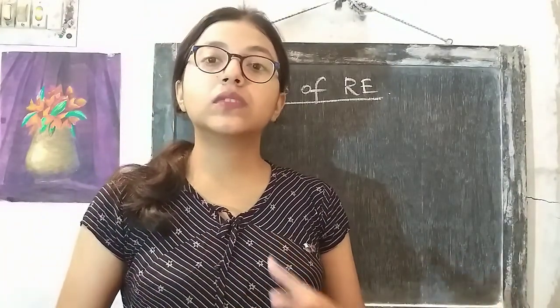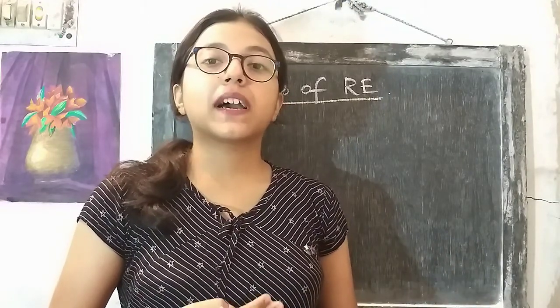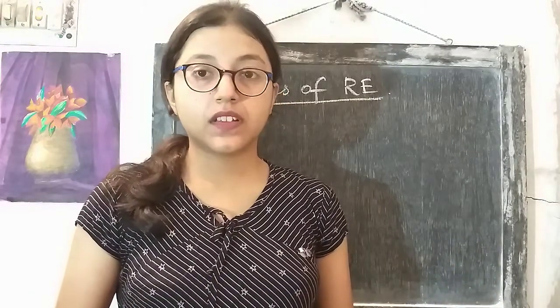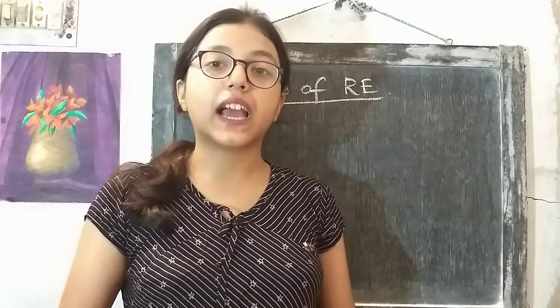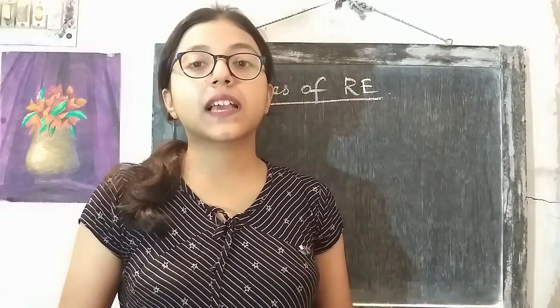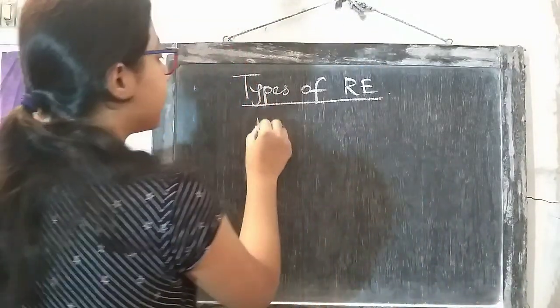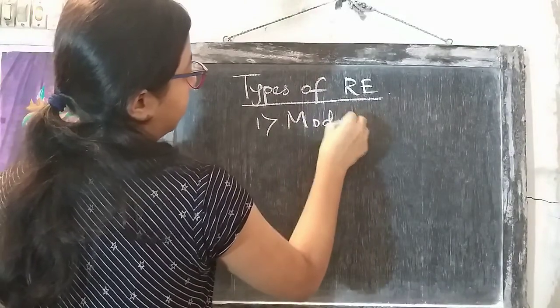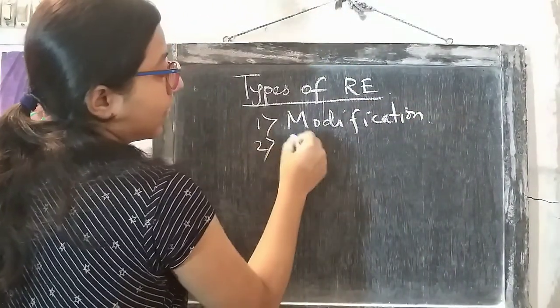So how the restriction enzyme modifies the DNA? The modification is by methylating the DNA. So DNA is methylated at the point where the restriction enzymes act. So these restriction enzymes have two properties. One is modification of DNA and the second one is cutting.